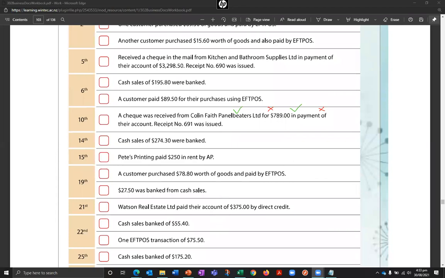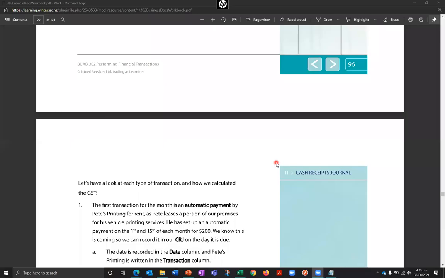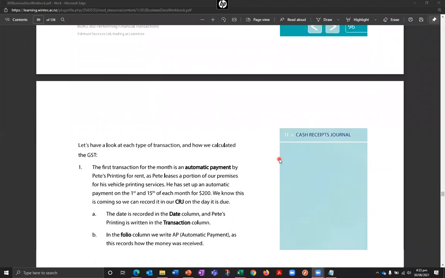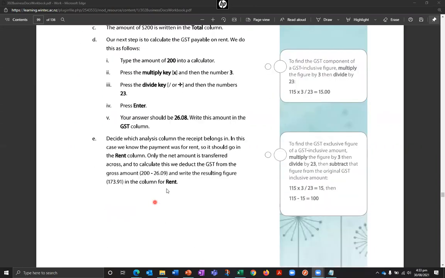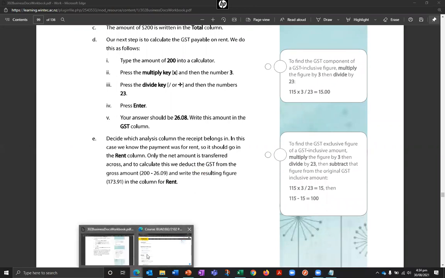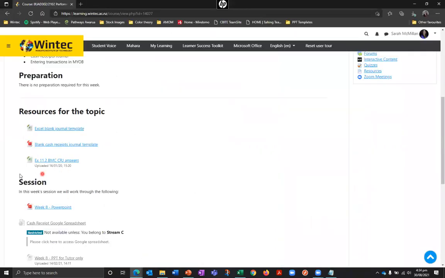And remember that if you get stuck, you can come back to page 97 and look at each different type of transaction and the steps to how it is recorded into the journal. Also remember that on the Moodle page are the answers for it as well.